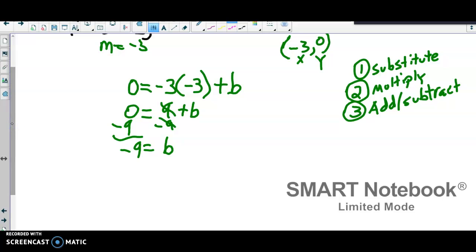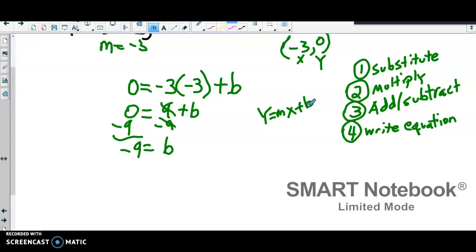So my last step, step 4, is to write the equation. So remember, I'm going to use the y equals mx plus b format.